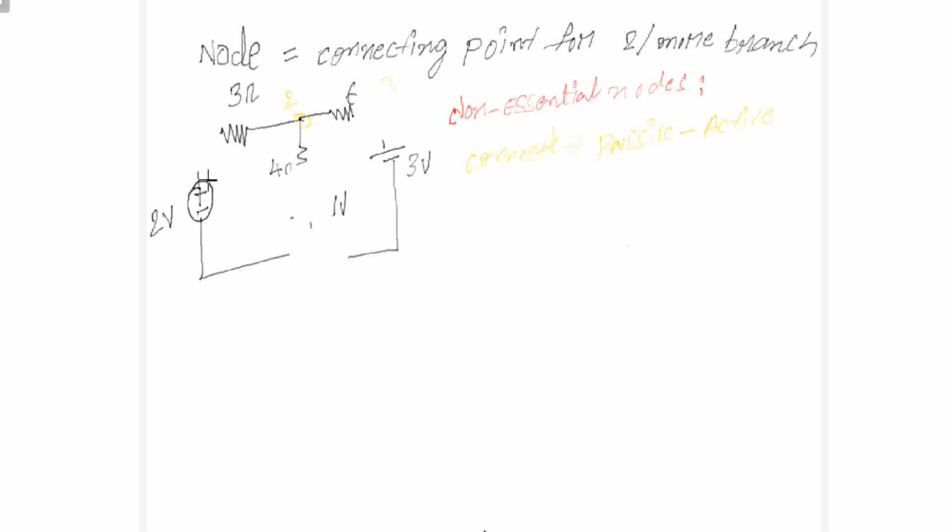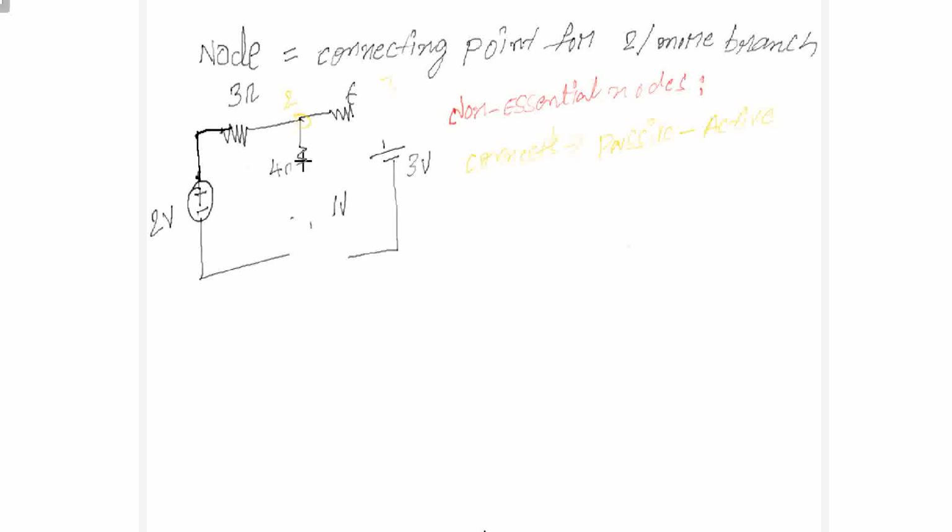So why are we eliminating this one? Why are we considering this as a non-essential node? What is the main point in nodal analysis?